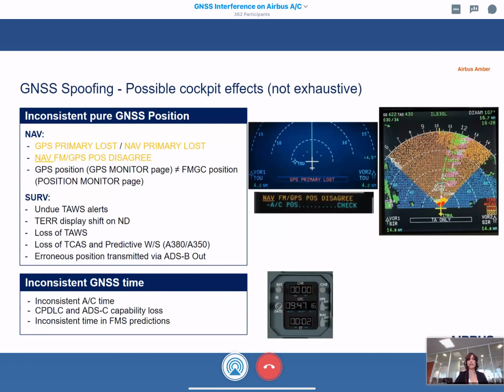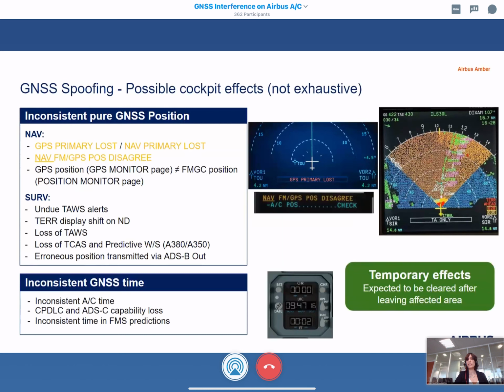Here we can have inconsistent time, CPDLC and ADS-C capability loss, and inconsistent time in FMS predictions. Once again, as for the general cockpit effects in interference, the effects are expected to clear when leaving the affected area.